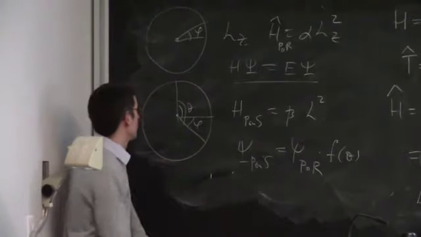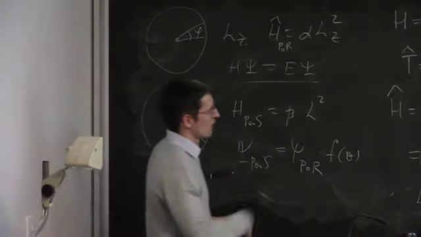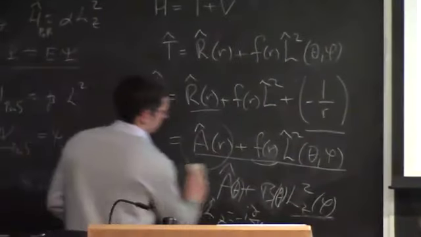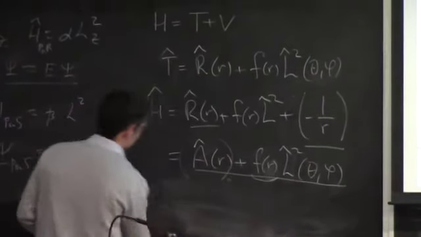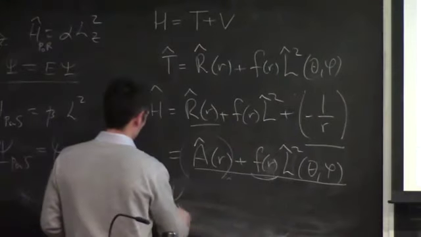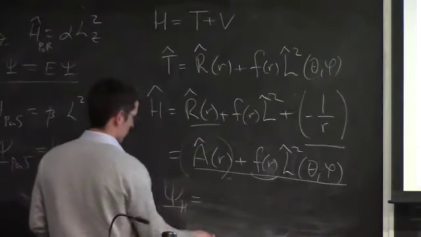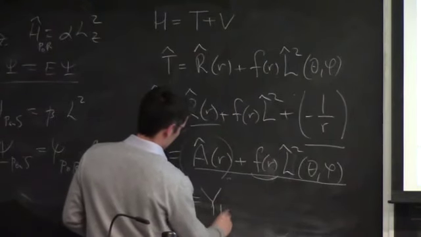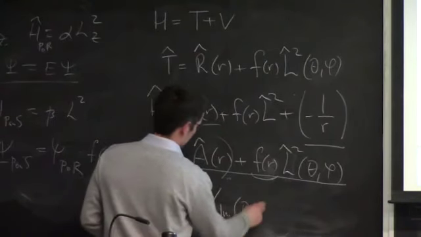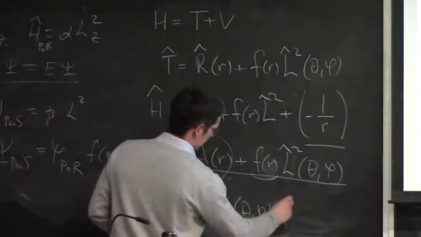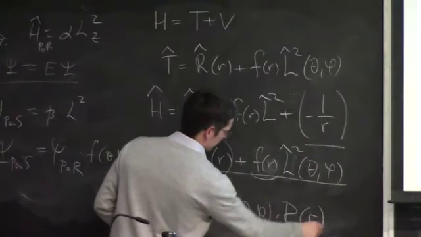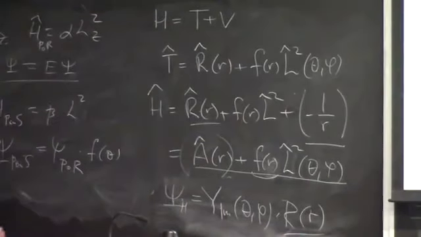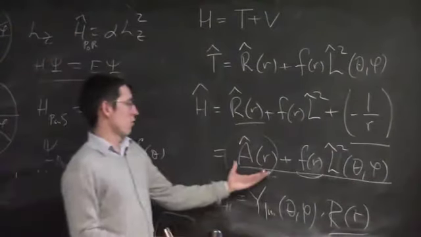So what do we do? We now allow the radius to change, and we write down that the wave function for the hydrogen atom is equal to Y depending on l and m, theta phi, then the radial part. So then we put this into a form like this.